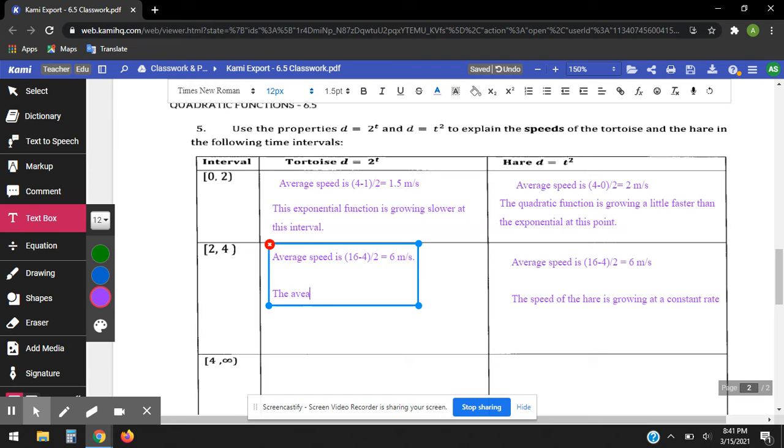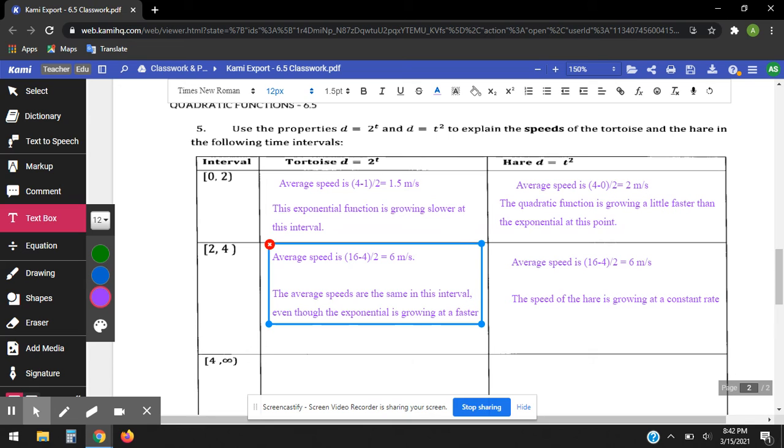So the average speeds are the same in this interval, even though the exponential is growing faster than the quadratic.